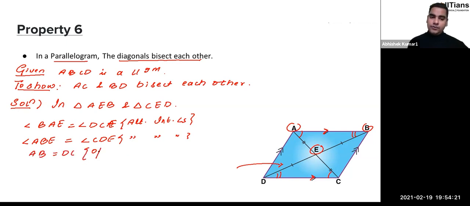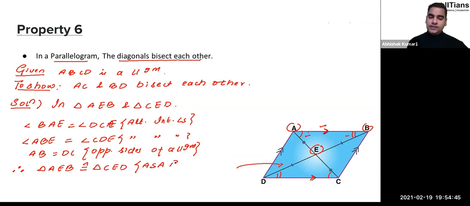Because these are opposite sides of a parallelogram, right? So we can say that these two triangles are congruent to each other by ASA rule. Therefore, triangle AEB is congruent to triangle CED by ASA rule.